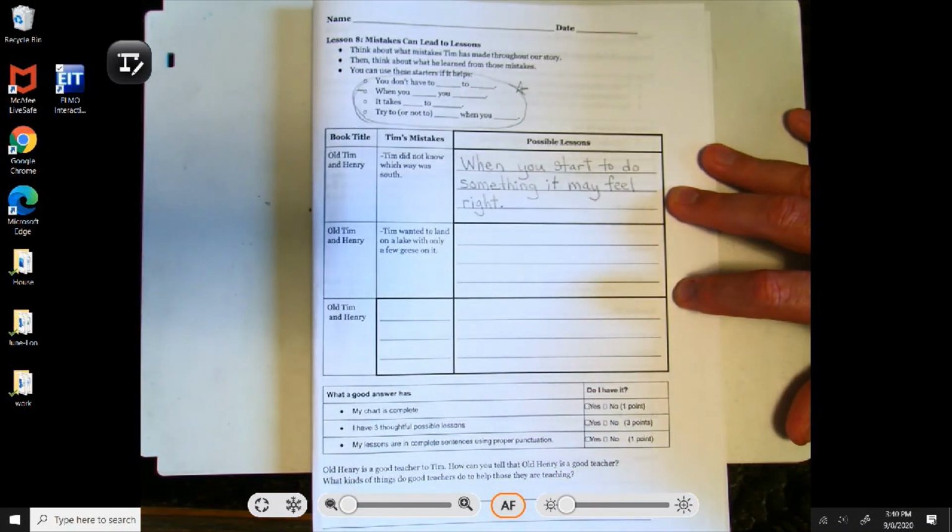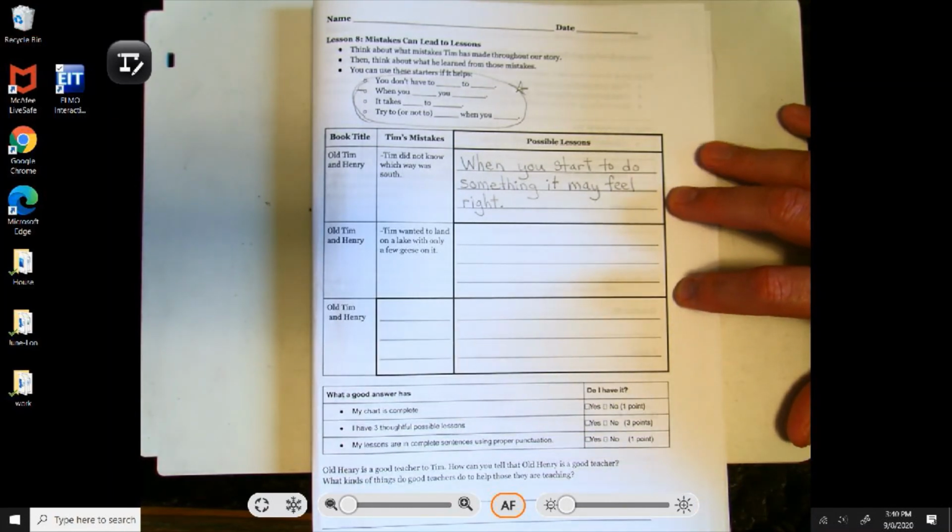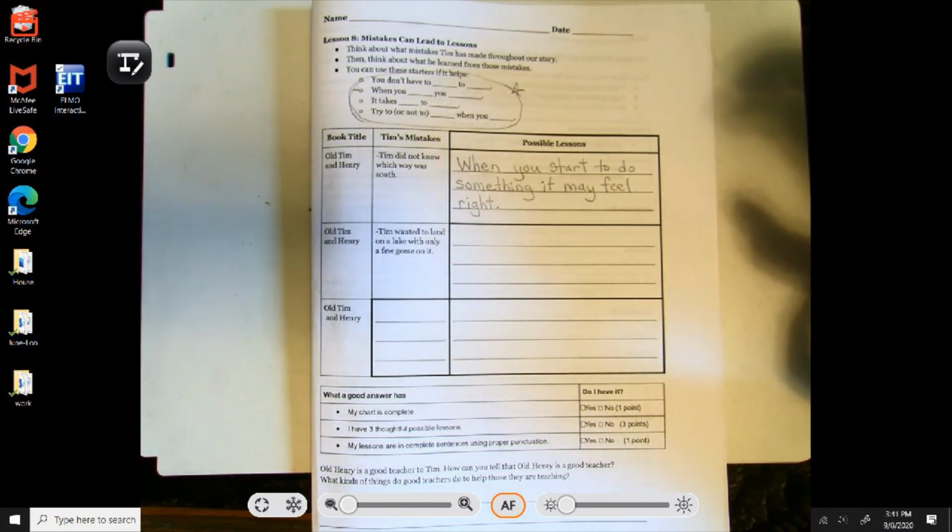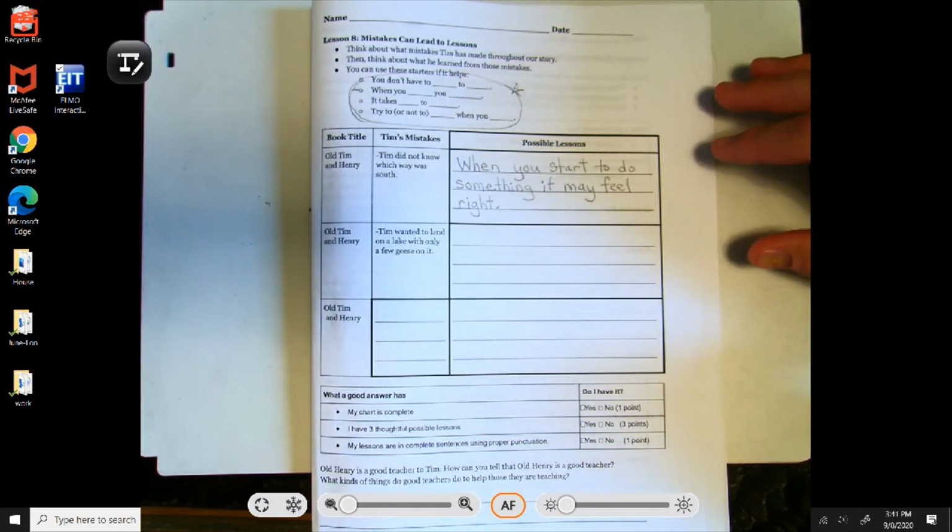You might remember old Henry told Tim, right, to go up into the air and start flying, and that he'd fly in the direction that felt right? And that let him know, oh, he learned a lesson there that once he started, he would feel it was the correct thing to do.